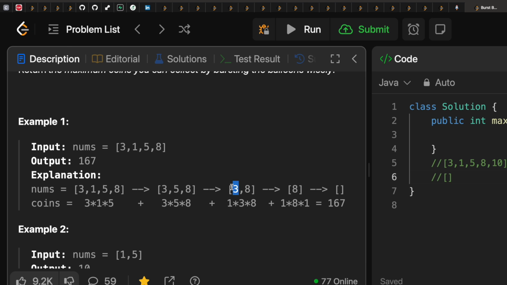And as we have 3 here, 3 is present, and all the values apart from these two values are already busted before, so we can say that the right of the 3 is 8, and on the left we have nothing, so left is 1.